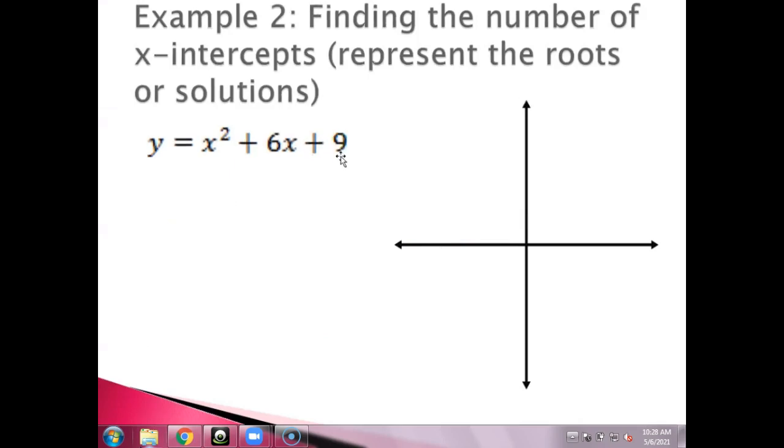Last one. b squared minus 4ac. 36 minus 36 is 0. So that tells me I have one real root, or one x-intercept.